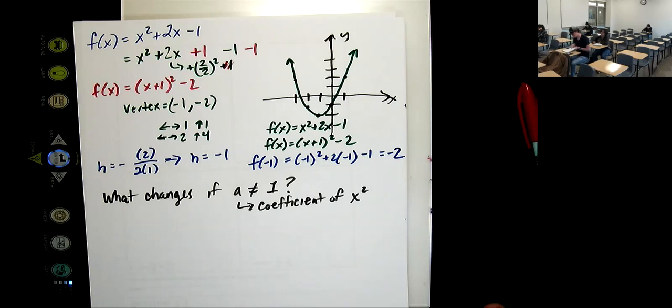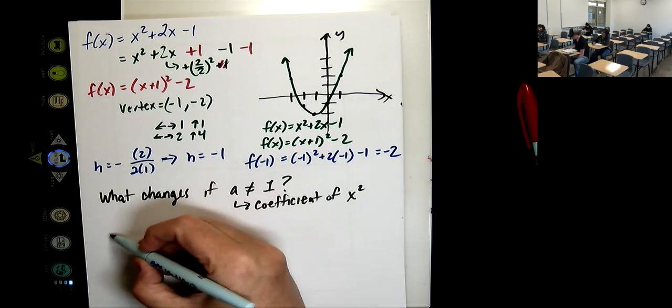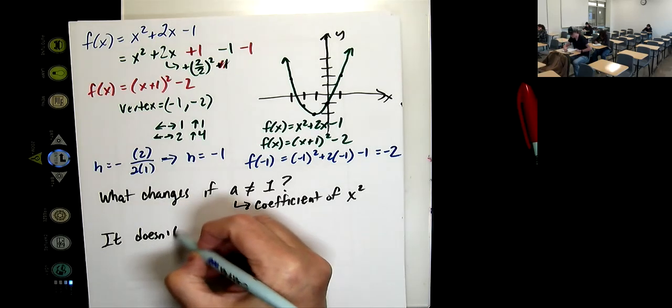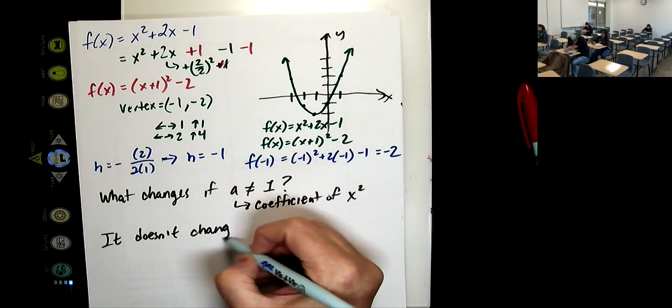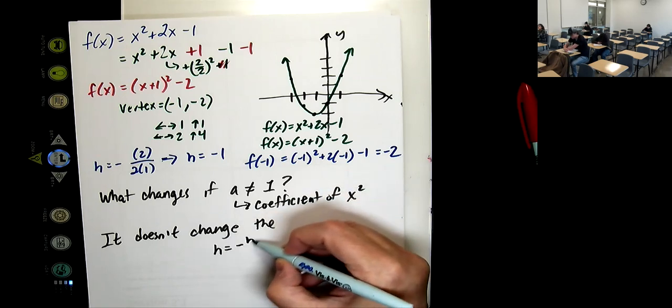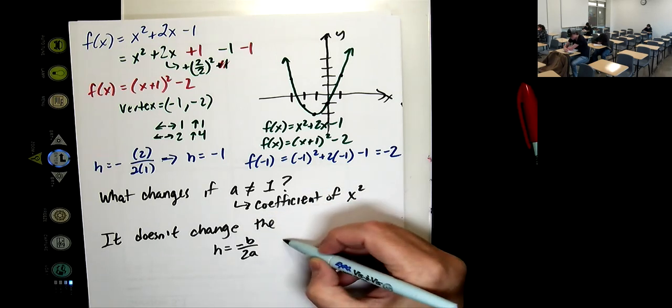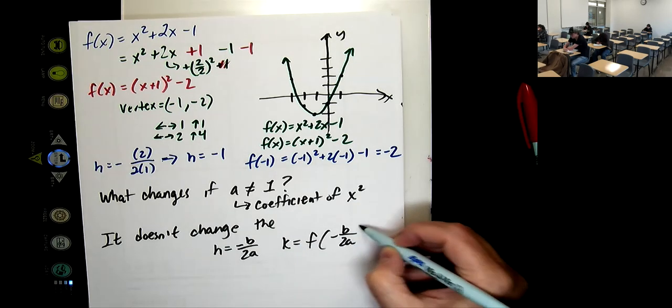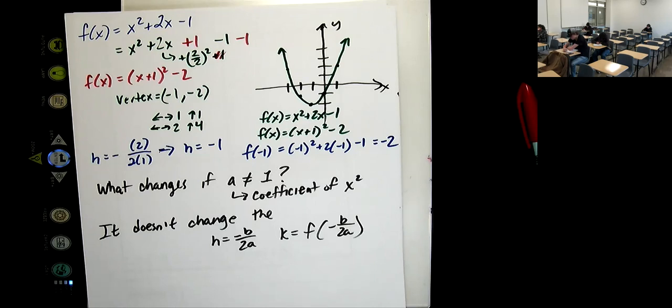Well, we already talked about how it affects the graphing. How does it affect completing the square? First off, it doesn't change the h equals -b over 2a and k equals f of -b over 2a. Those still stay the same.